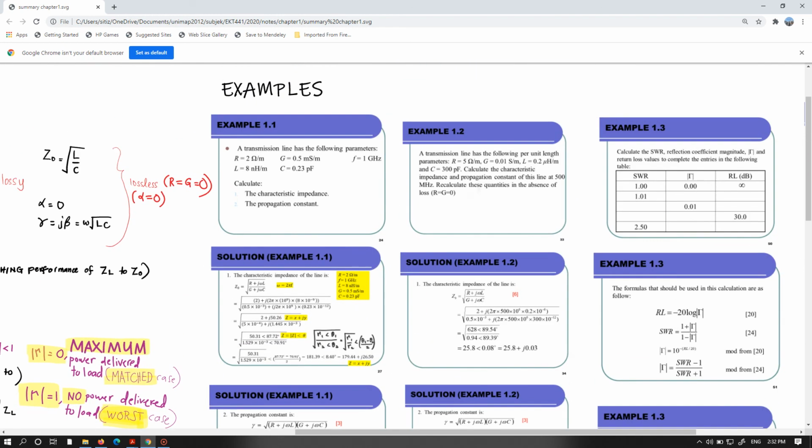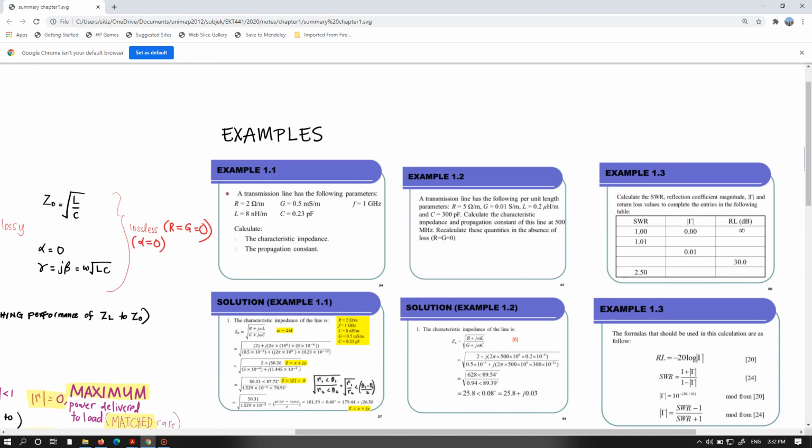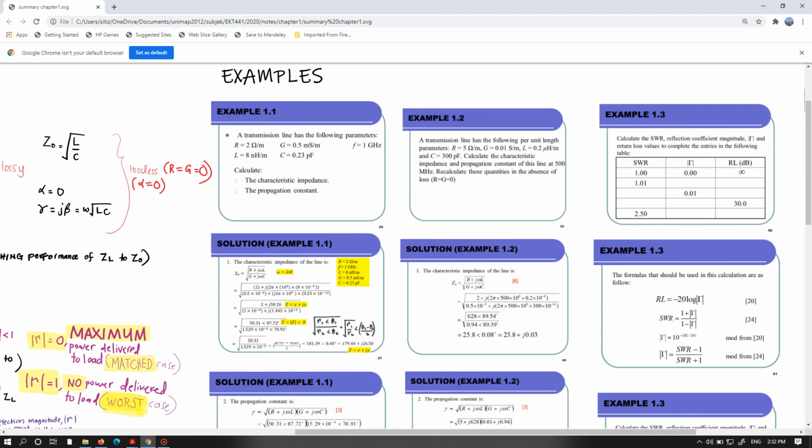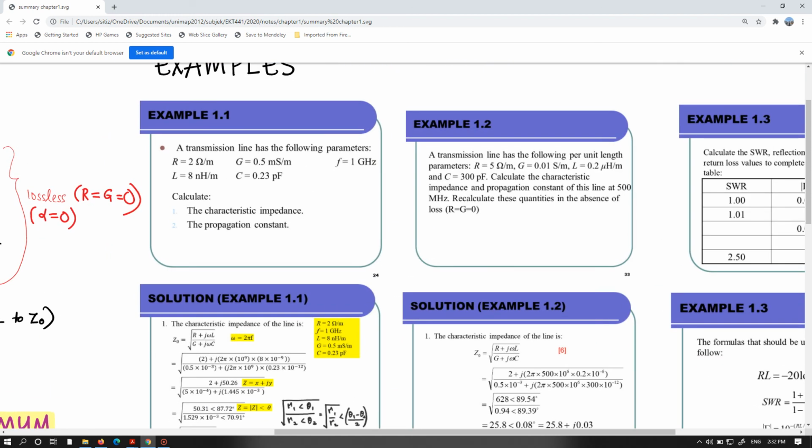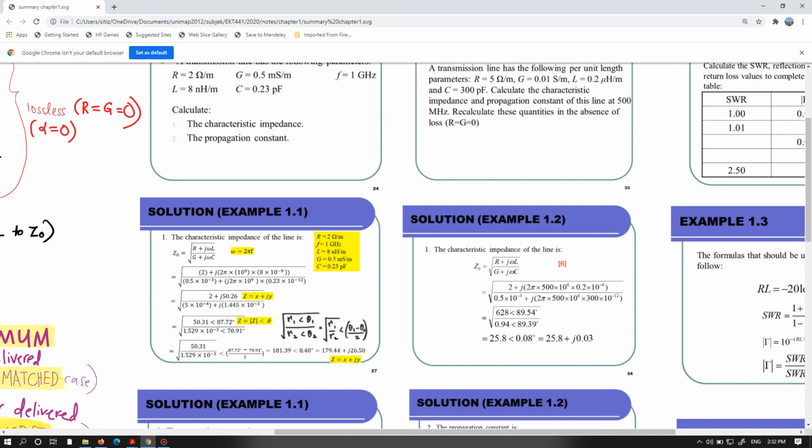In the slides, there are examples. We already went through example 1.1, where the example gives you the values of the lumped components of the equivalent circuit, for you to calculate the characteristic impedance and propagation constants. The question is very straightforward.